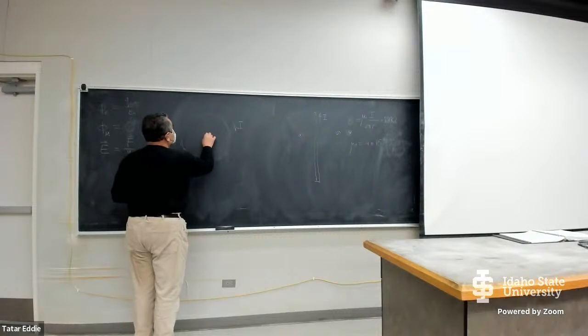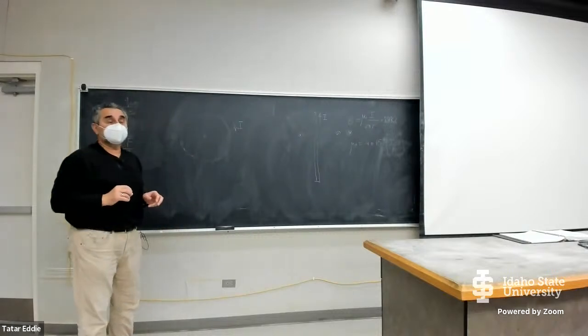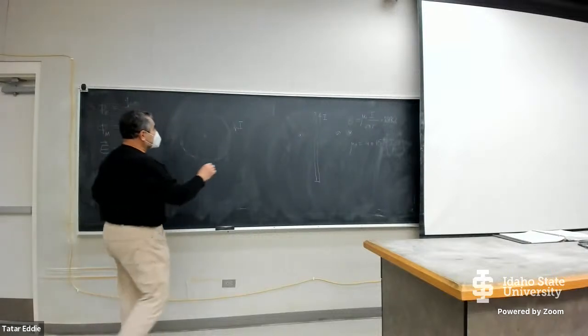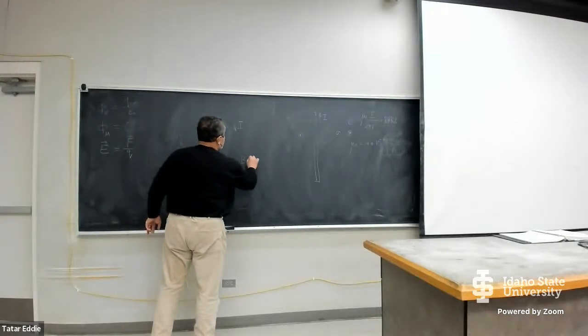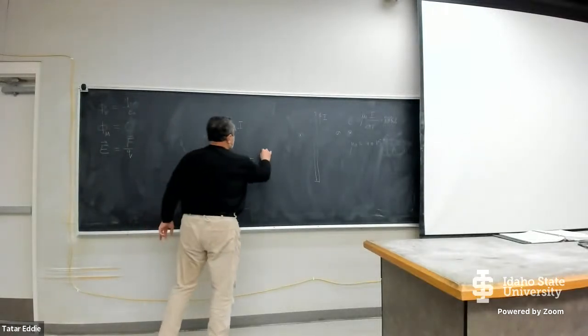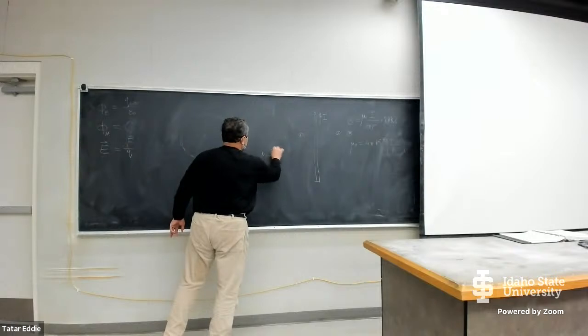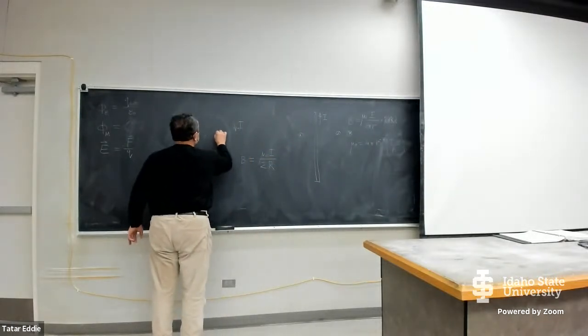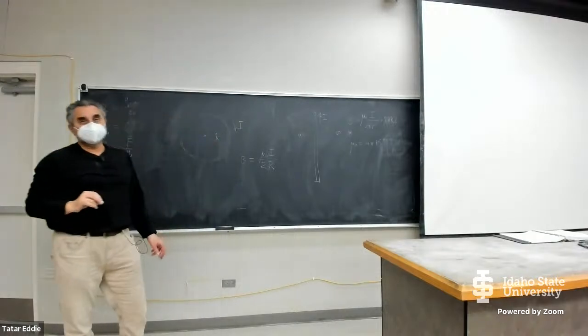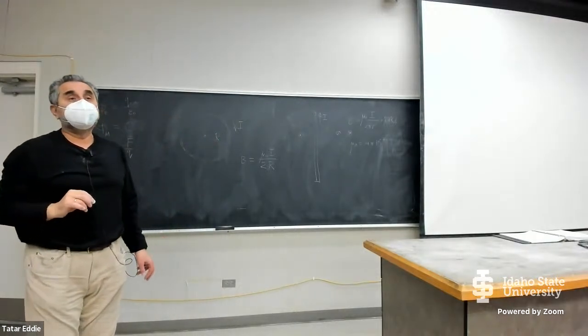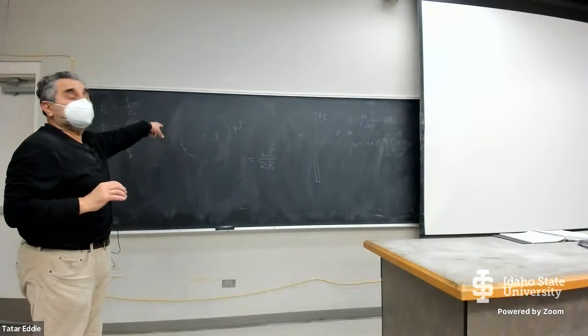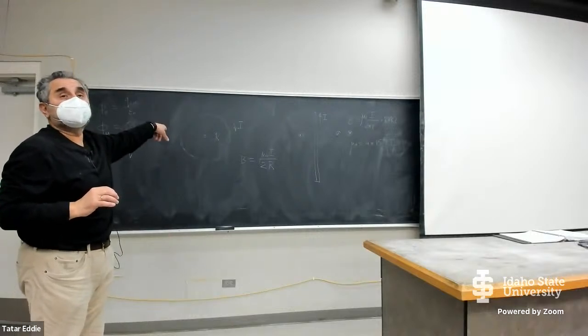Right here in the middle of the circular loop, the magnetic field is given by mu0 times I divided by 2 times the radius r of the loop. But only at this point, only at the center.